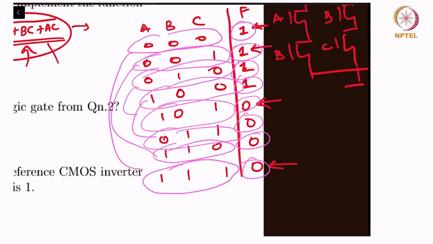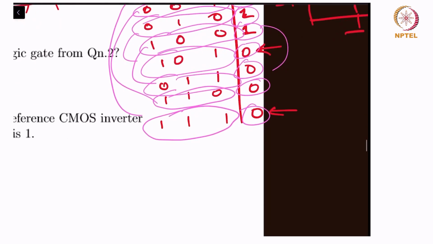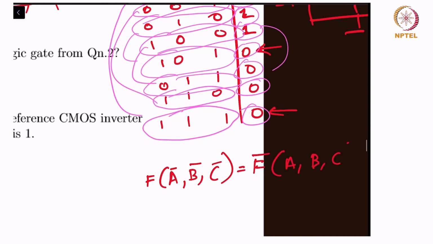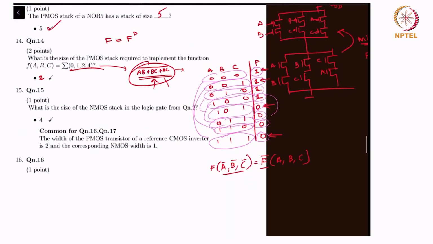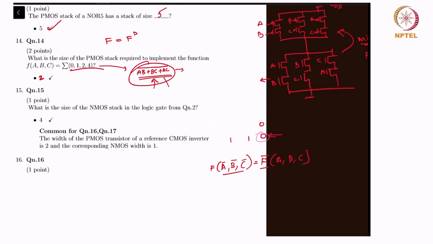So this is a way to check if it's a self-dual function. If it's a self-dual function, what you will get is f of a complement, b complement, c complement is f complement of a, b, c. So if you complement the bits, the value itself gets complemented, right? So that's one of the checks for a self-dual function.